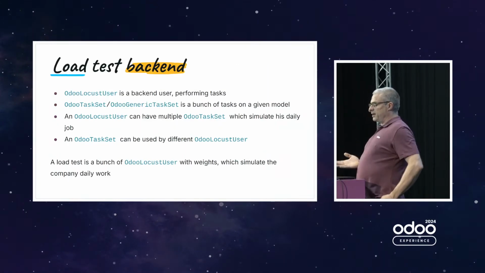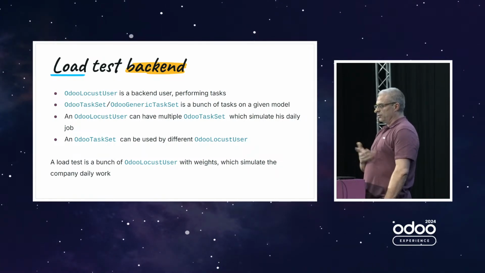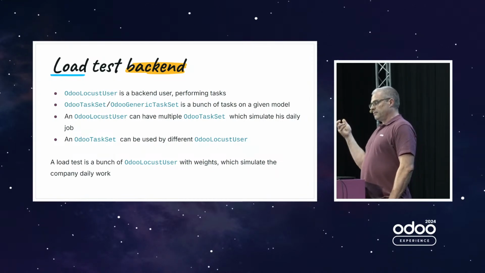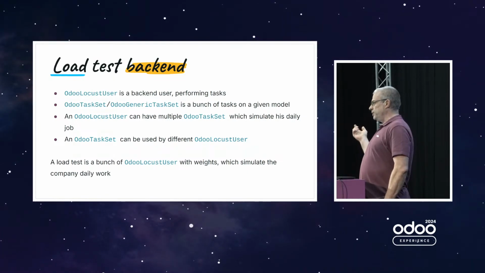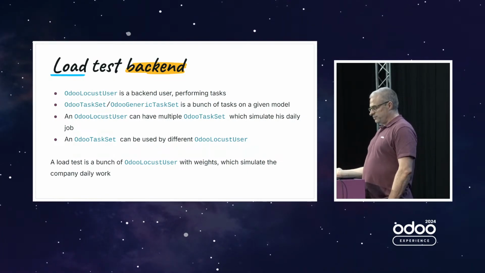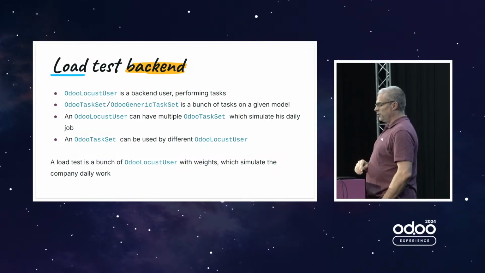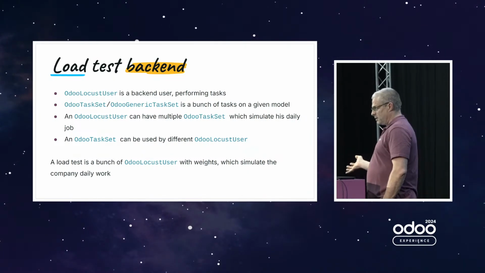To load test the backend, I have a special object in the Odoo Locust library, which is called Odoo Locust user. An Odoo Locust user is a backend user. Each Odoo Locust user is a simulated backend user. For the task set, you have Odoo task sets and Odoo generic task sets.